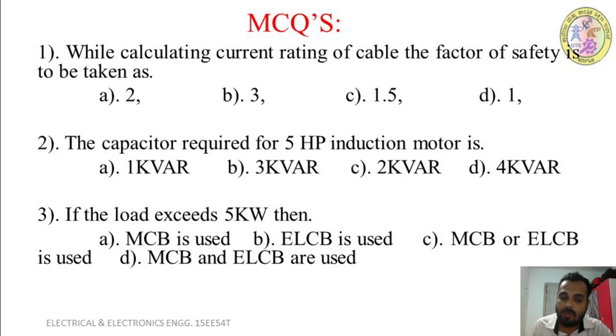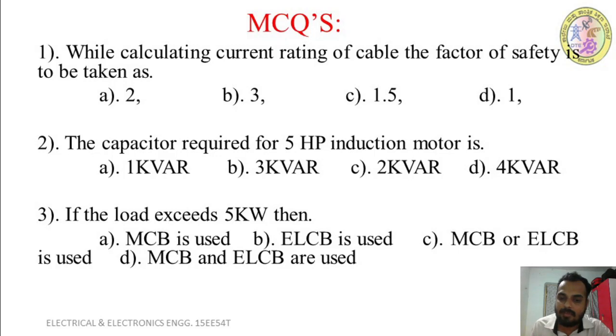Here you can see, if the load of the factory is exceeding 5 kilowatt, can we use only MCB? That is option A. Can we use only ELCB? That is option B. Or can we use either MCB or ELCB? That is option C. Or the last option, both MCB as well as ELCB, so both are to be used. What is the answer for this?